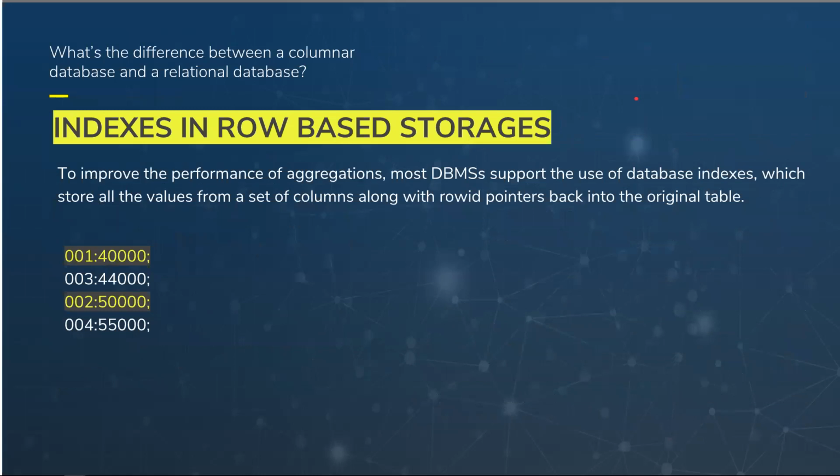Now let's talk a bit about indexes. Row-based storage has a workaround for the problem that we mentioned before, and we think that it's responsible to mention it. To improve the performance of aggregations, most DBMSs support the usage of indexes. The indexes store all the values from a set of columns along with row ID pointers back into the original table. An index on the salary column could look like this.